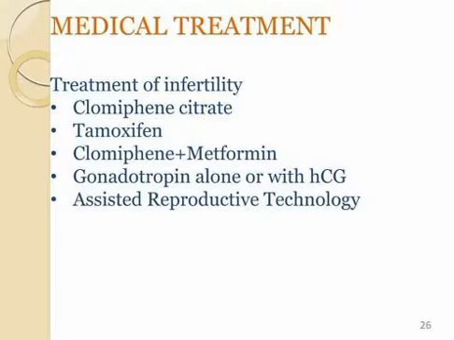They are not to be considered infertility patients, but they have some infertility issues. So to treat those issues, they have to take clomiphene citrate, tamoxifen, clomiphene plus metformin, or gonadotropin hormones with HCG.